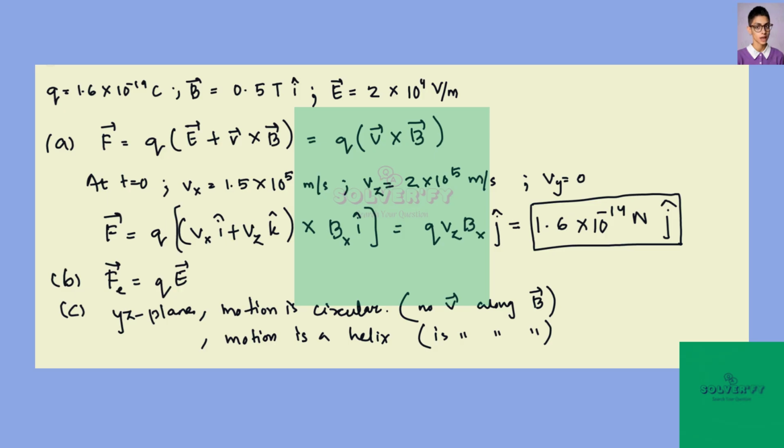So, for the last part, we use omega is equal to the magnitude of the charge times the magnetic field over mass. And we know that the time period is equal to 2 pi over omega.